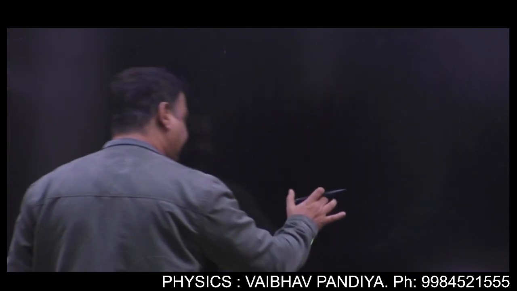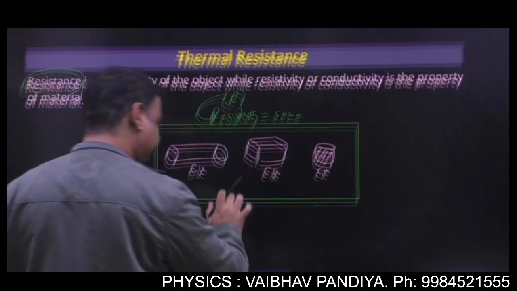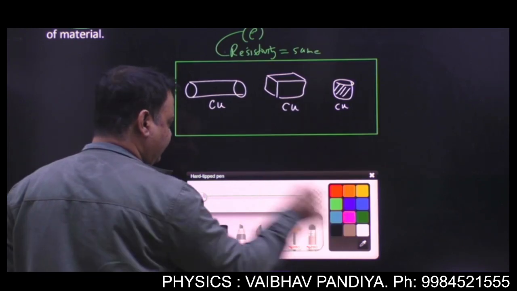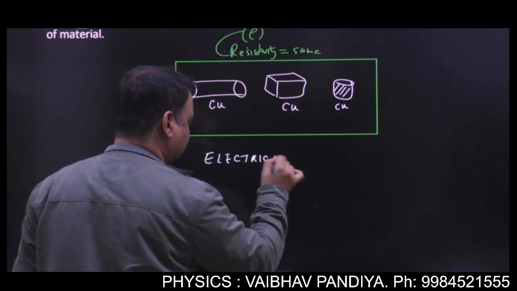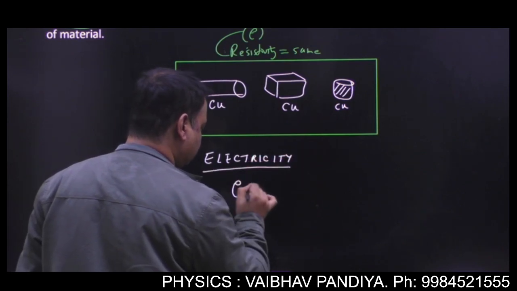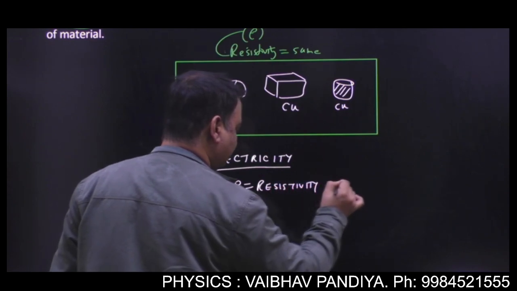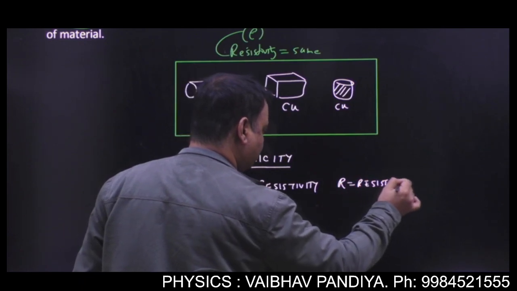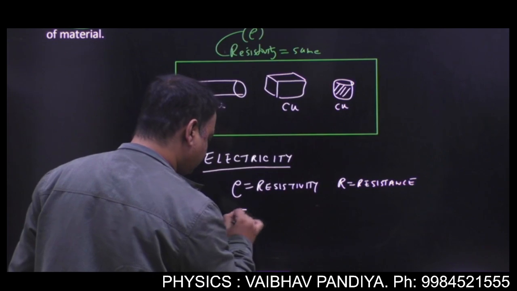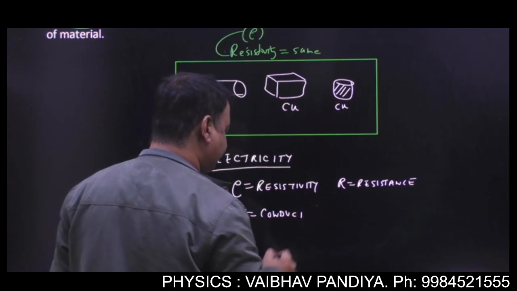Now write in electricity, we write rho as the resistivity and R as the resistance and sigma as conductivity.